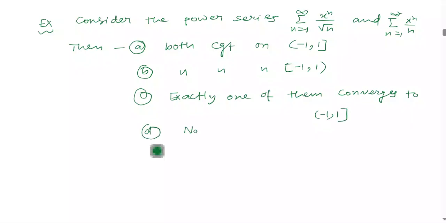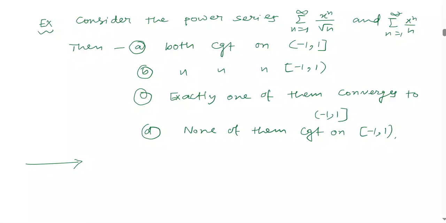D: none of them convergent on [-1, 1]. ओके फाइन. सो पहले देख लेते हैं इसको कैसे टैकल किया जाएगा.